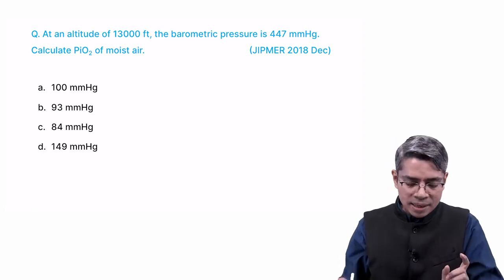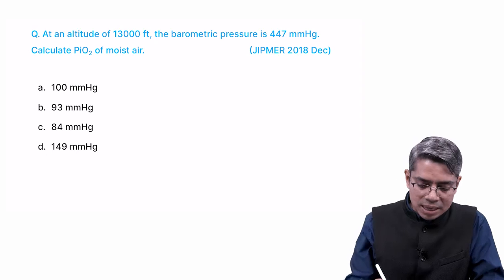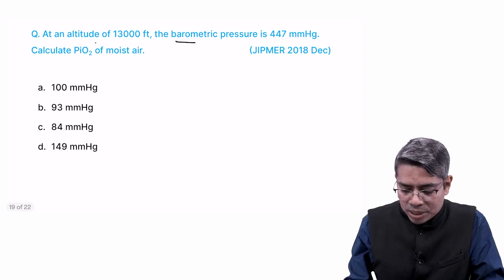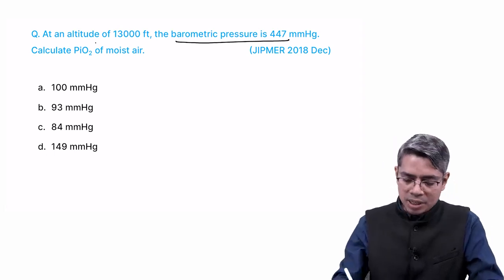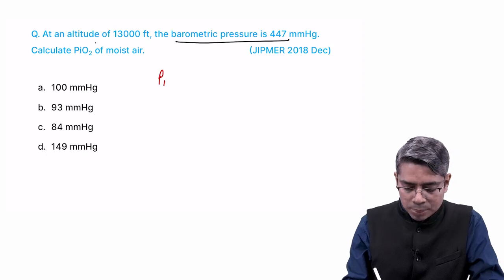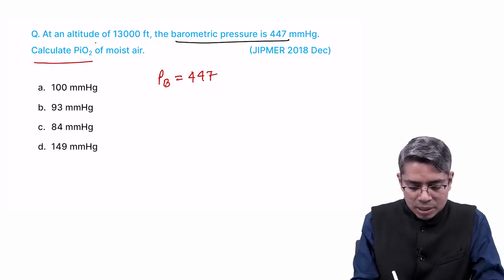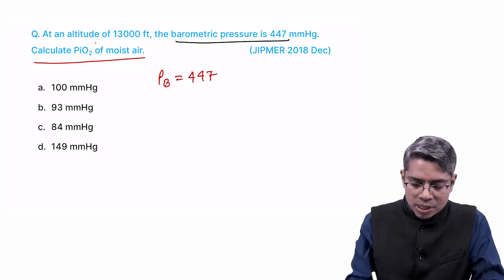So first MCQ: at an altitude of 1300 feet, the barometric pressure is 447 millimeter of mercury. So what is given in this question? The PB, barometric pressure, has been given as 447 millimeter of mercury, and they are asking you to calculate the PiO2 of moisturized air.